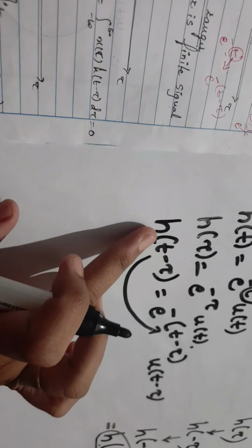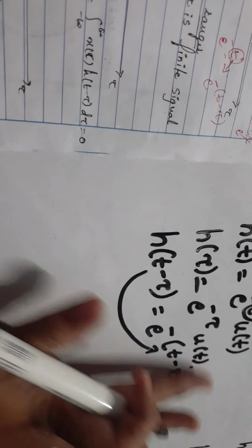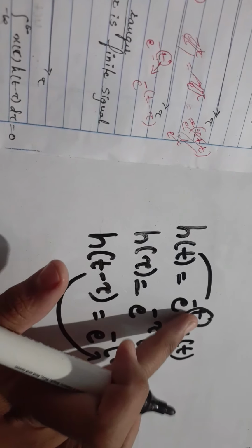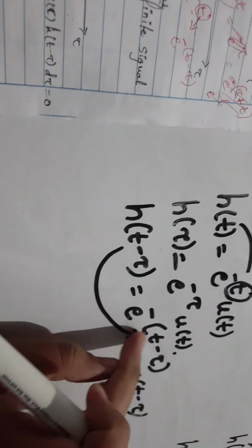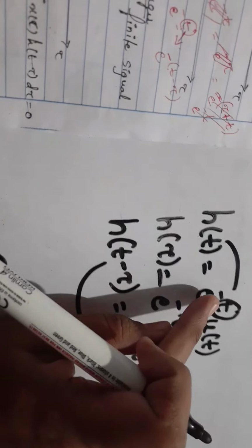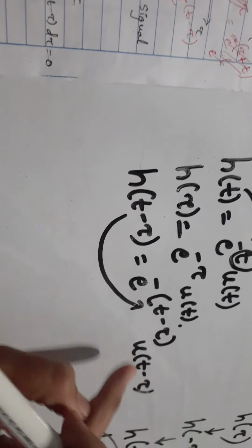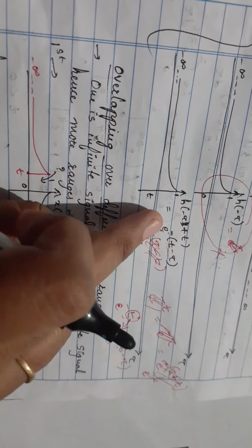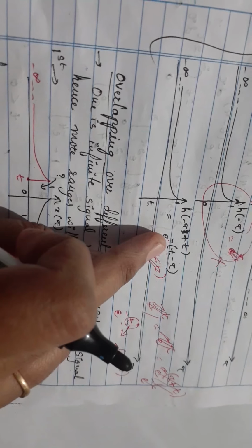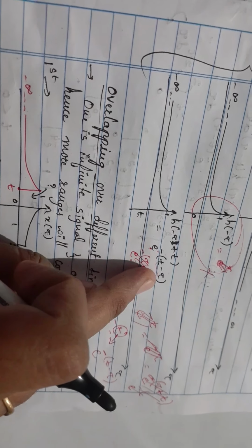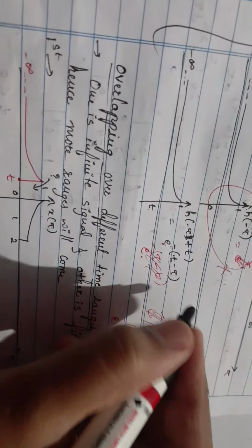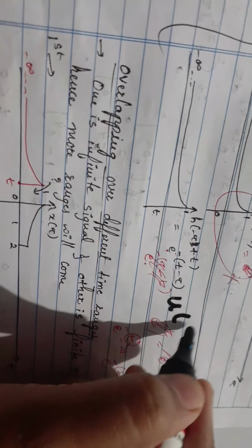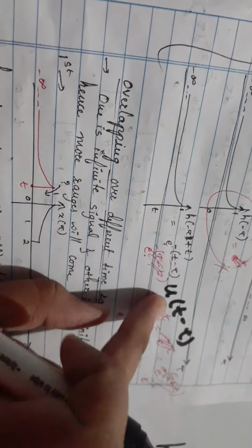When you are finding h of t minus tau, your RHS will simply change this t to t minus tau. See, this negative sign is as it is, only t minus tau is getting changed. So h of t minus tau, RHS will be e to the power of minus (t minus tau), multiplied by u of t minus tau.